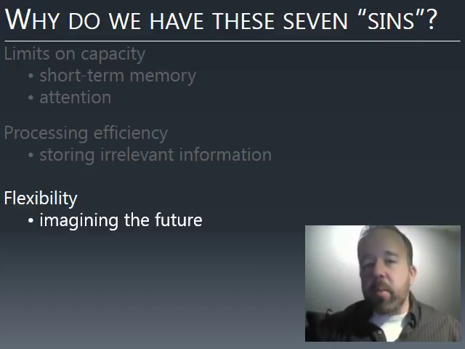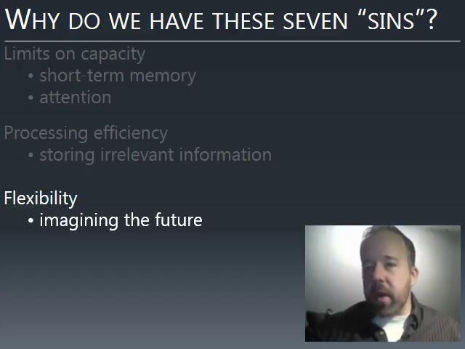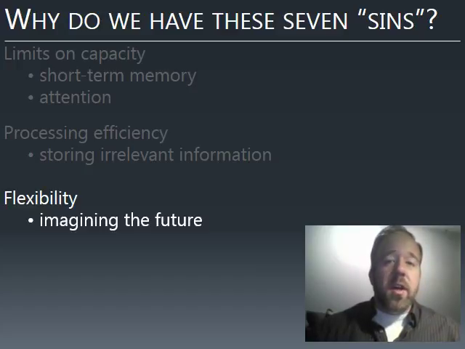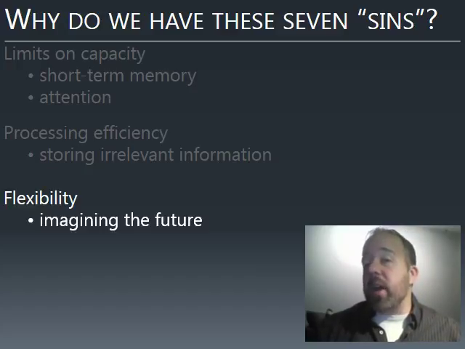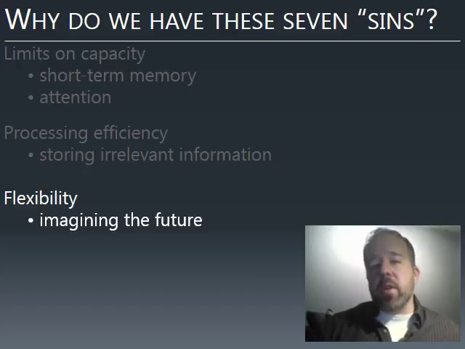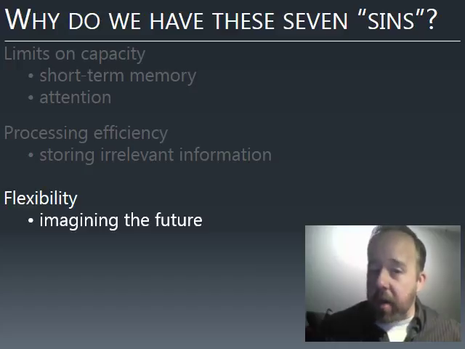But that ability to imagine, to take real information and mix it in with false information or some possible future, that may be the reason that it's so easy for us to misattribute memories, or that it's so easy for us to take suggestions and incorporate them into actual memories. So our ability to think of things that aren't actually true may have a lot to do with why we're able so often to incorporate untrue information into our memories, which we often wish were a perfectly accurate record, but the fact is that they're not.